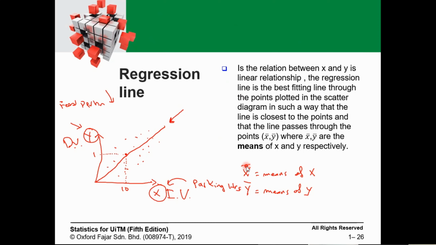We add all the numbers and divide by the number of values. Let's say we have 10 observations, 10 x's. We add all the values and divide by 10, the number of observations. So this regression line normally passes through the mean of x and the mean of y.